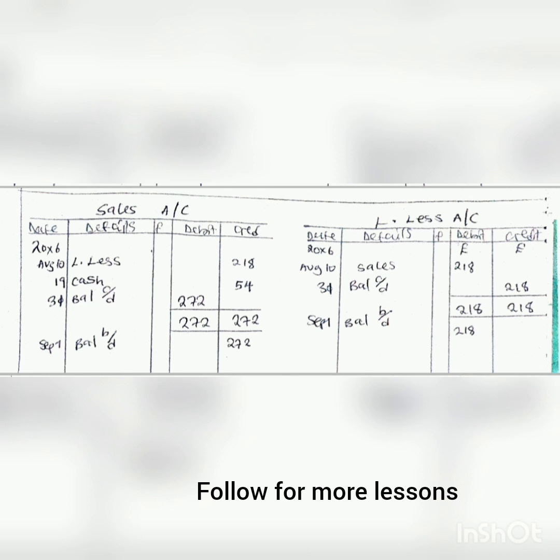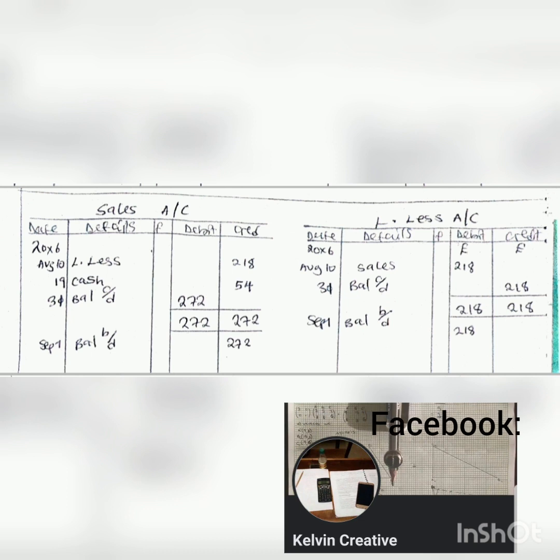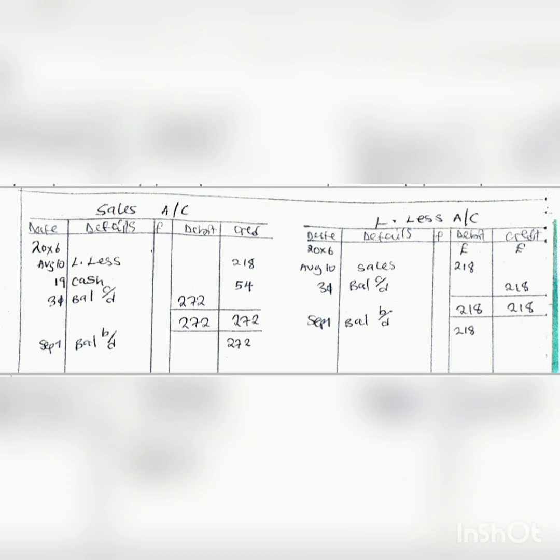On the 7th August, they're saying bought goods for cash, 362. Since we bought the goods for cash, 362, the cash account decreased by 362. So whenever an asset is decreasing, it is credited, so we credit the cash account by 362. Then, because we bought goods for cash, the purchase account increased by the same 362.